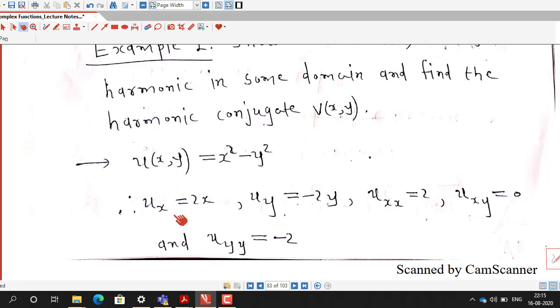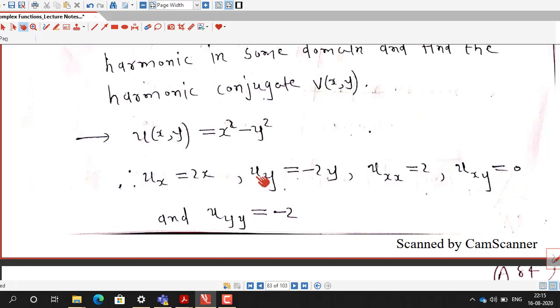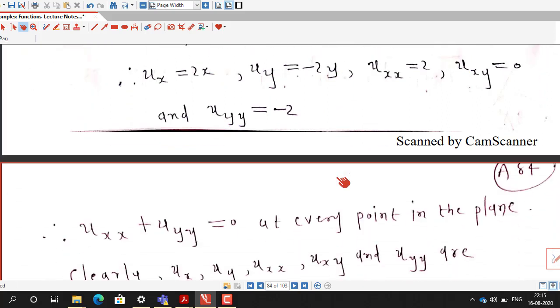The derivative of del u by del x with respect to y is 0, that is u_xy is 0, and the derivative of del u by del y with respect to y is minus 2. All these partial derivatives are polynomial functions, so they are continuous at every point in the plane. If we add u_xx and u_yy, u_xx is 2 at every point in the complex plane.